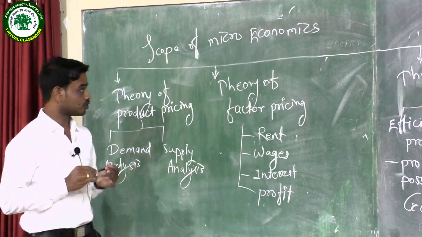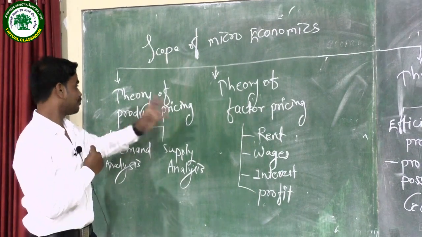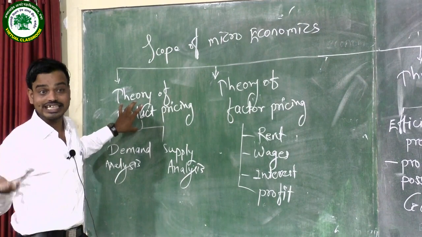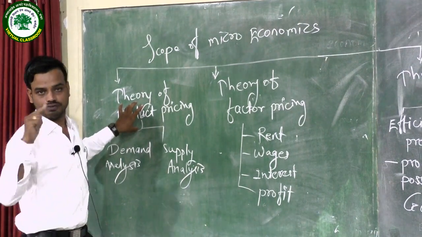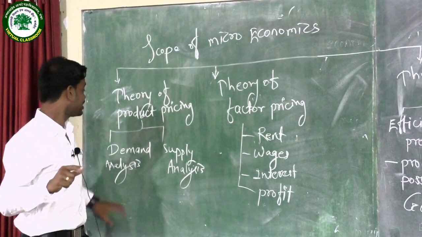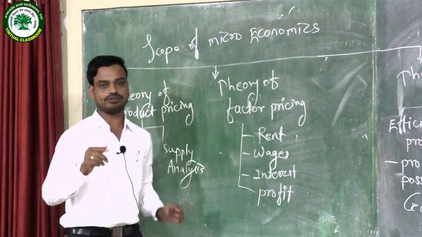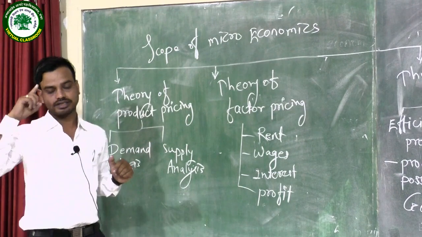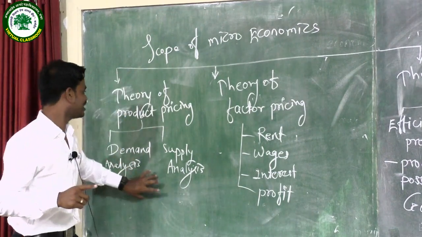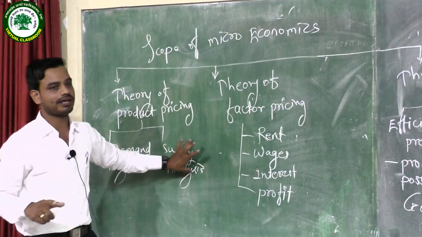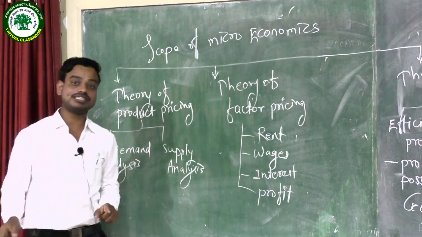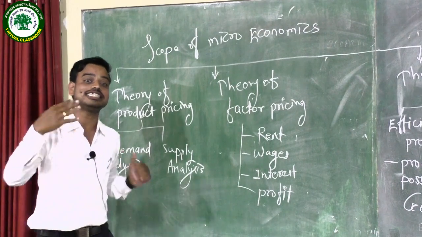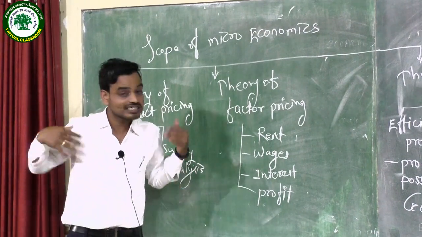If we study the small parts, there are 3 points. First point is theory of product pricing. Product means commodities. A commodity requires 2 things, first demand and second supply. So in our mind arises the question, what is the relation of production, demand and supply. Each and every businessman produces all the articles for satisfaction of the consumer and for increasing the profit.